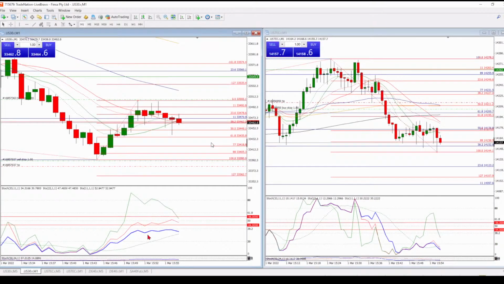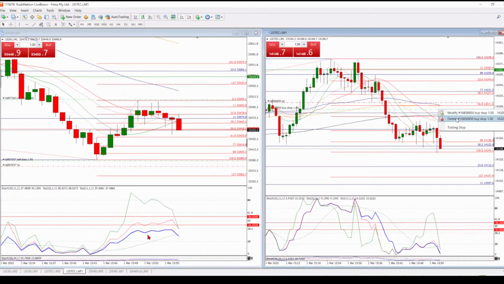Break of the extension flip is basically a stochastic up to 50 trigger. Let's just see where we are at the moment. Just going to delete that.